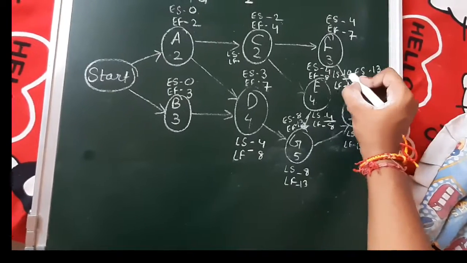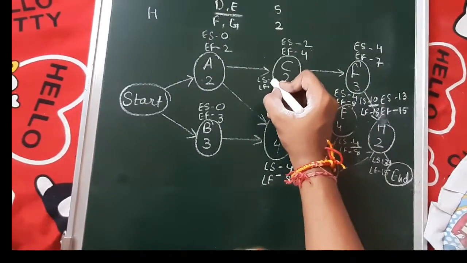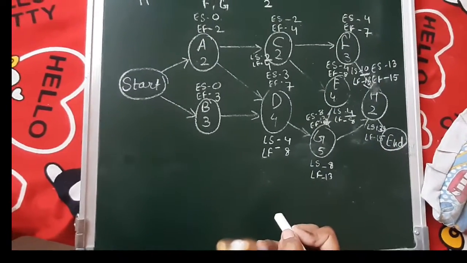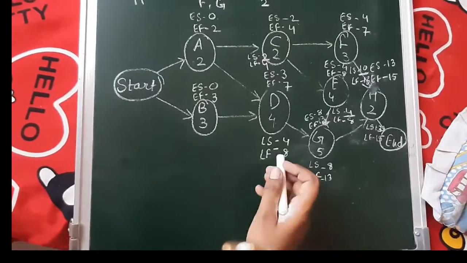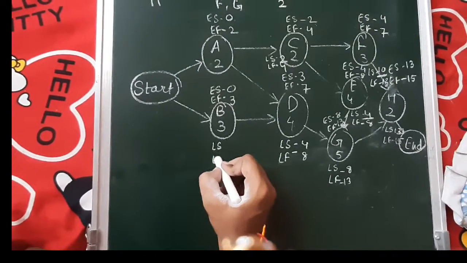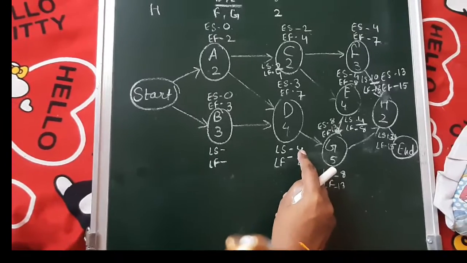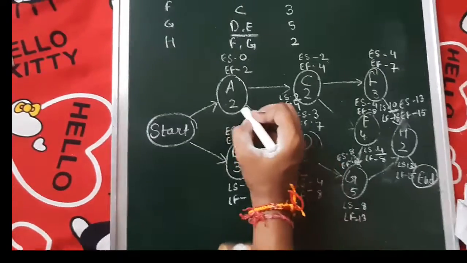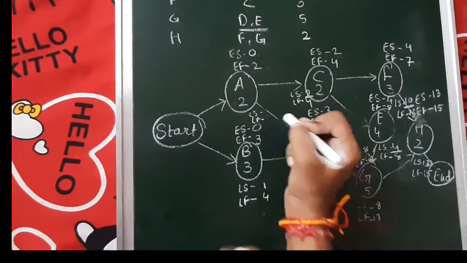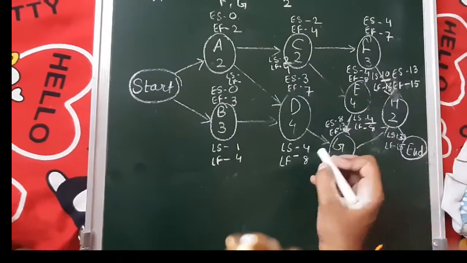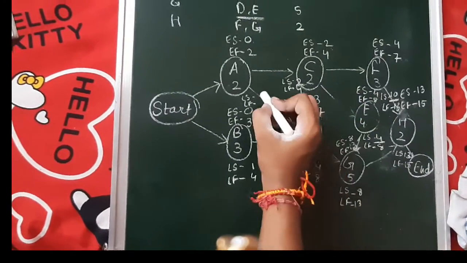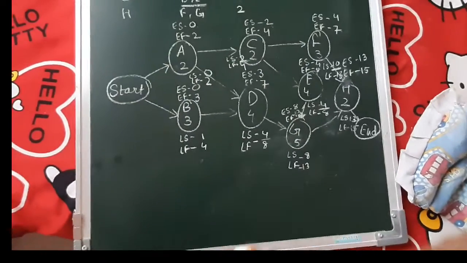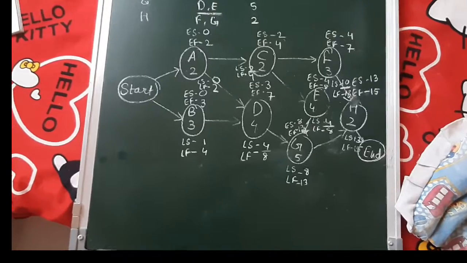So we go with 4 and it becomes 2. And here it is 4, so it becomes 1. Here late start and late finish are 2 and 4. So we go with the smaller number, that is 2, and it becomes 0. So this is the base for our Gantt chart.